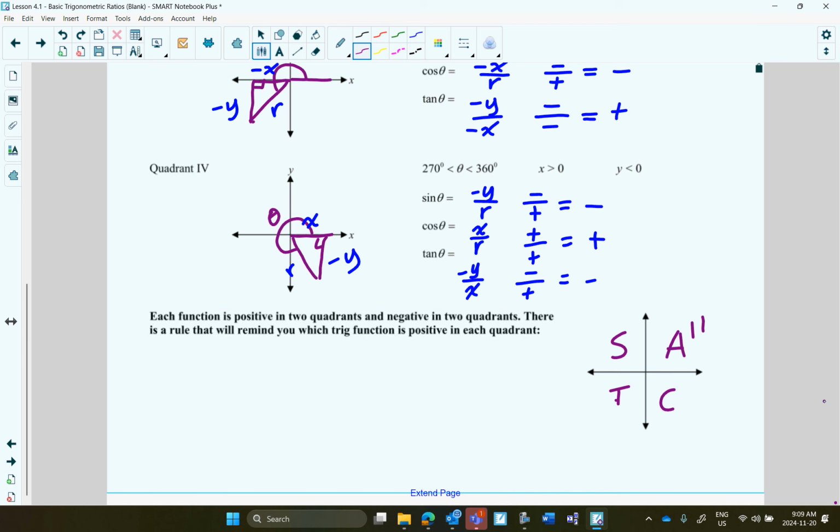Only tan is positive when we take the trig functions between 180 and 270. And only cosine is positive when we take the trig functions between 270 and 360. That's how we remember those. So ASTC, you can make up whatever you like.